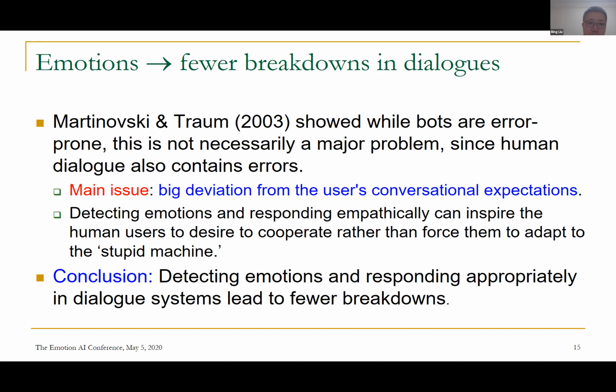One of the major problems is that when we have a conversation, we always have expectations, and we expect the machine to respond according to our expectations. If it deviates a lot from our expectations, then people get very upset and say this is a stupid machine. It always happens.